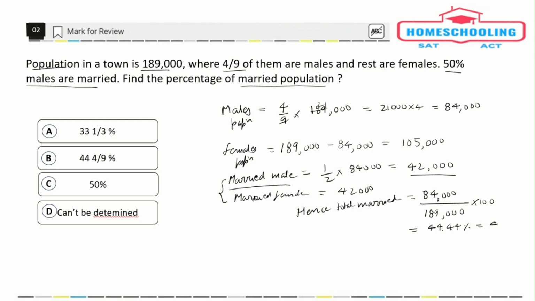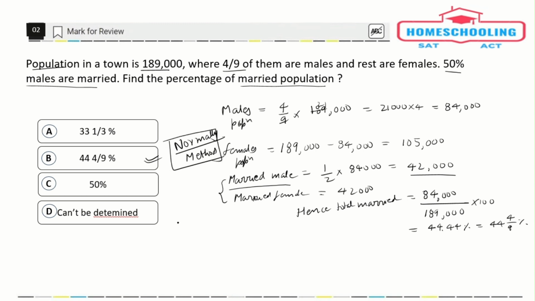That would be equal to 44 4 by 9 %. So option B is your correct answer. This is how you normally solve it. This is the normal method, and it is a lengthy method.